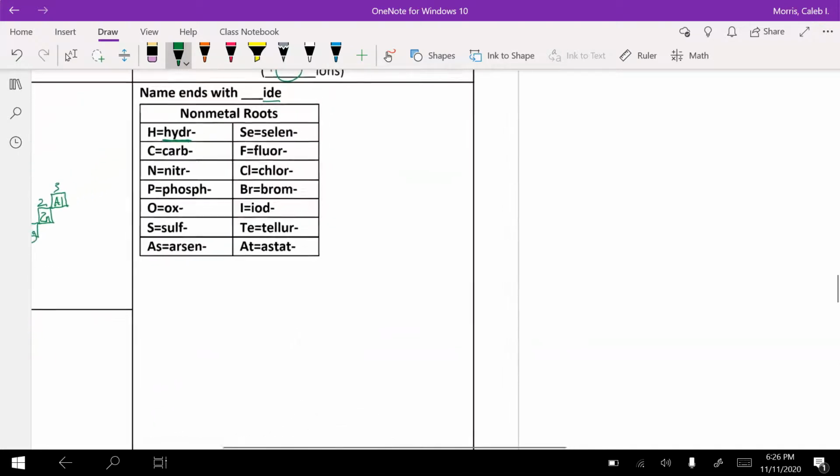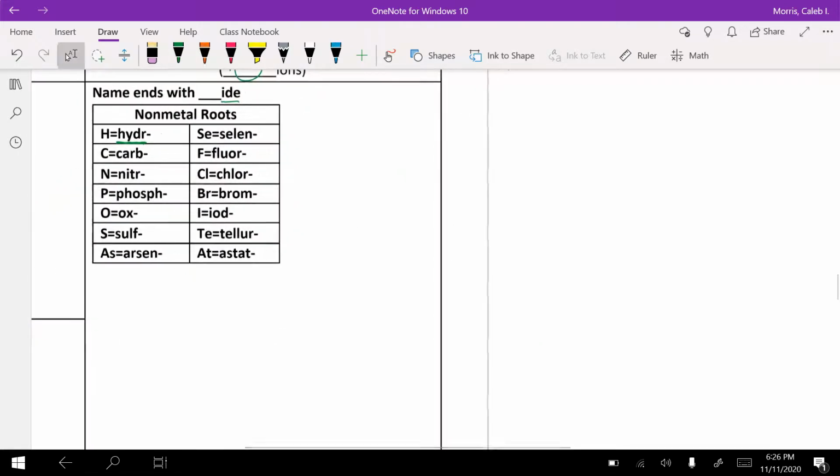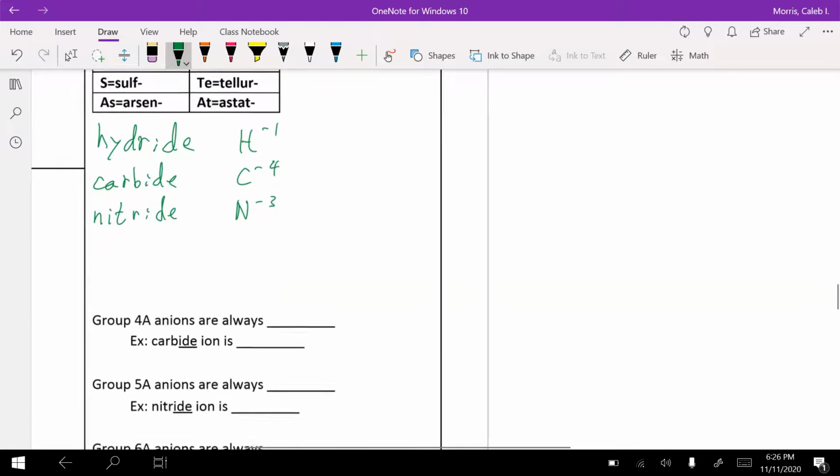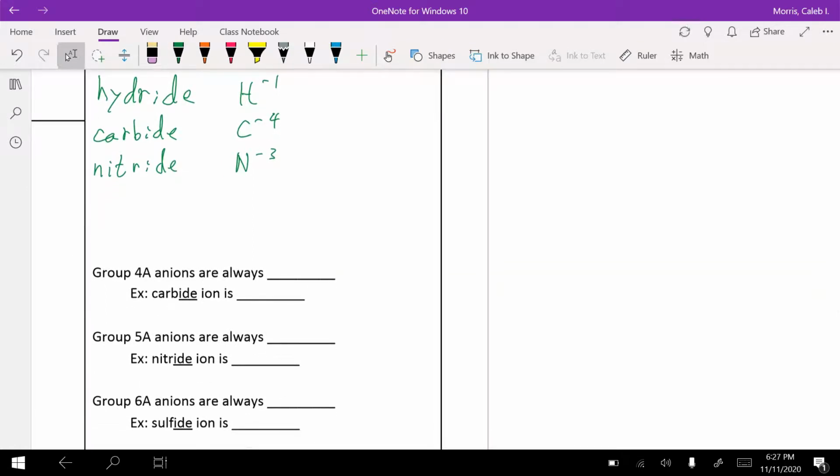So, in other words, we would have hydride. Let's just do a few of these. Hydride is what H would be. Carbide. And then for nitrogen, it would be nitride. And so on.